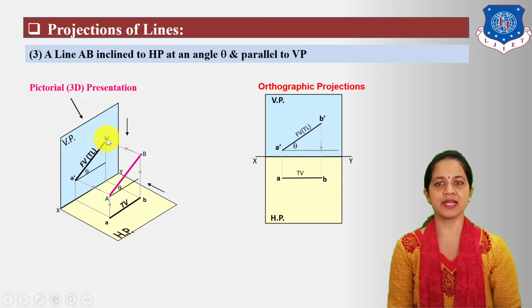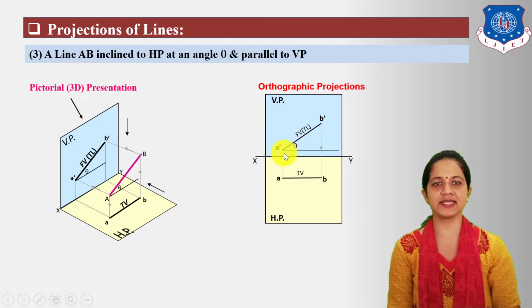Here the inclined front view at an angle theta with HP or XY is located above the XY line, and it represents the true length of the given line, and its top view AB is located below the XY line. Here the length of top view AB is less than the given line length AB.